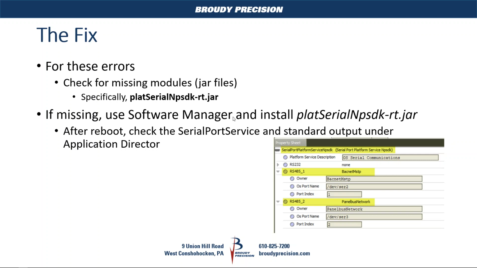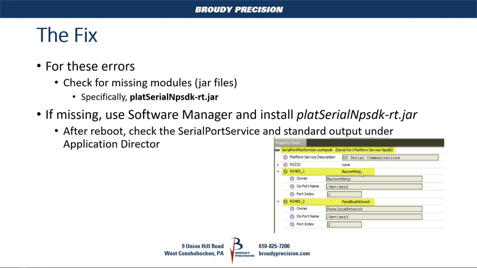Once you install it and then you reboot the JACE, or you reboot the CIPer50, you will find underneath the platform services the serial port service in there. And if it's set up properly, it'll show you both ports and also who has ownership.